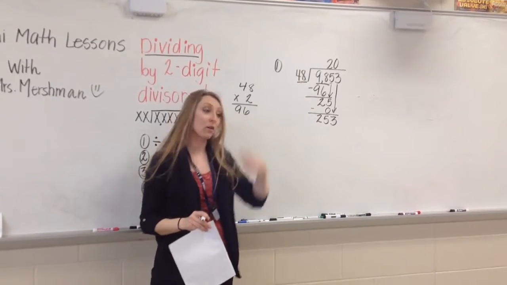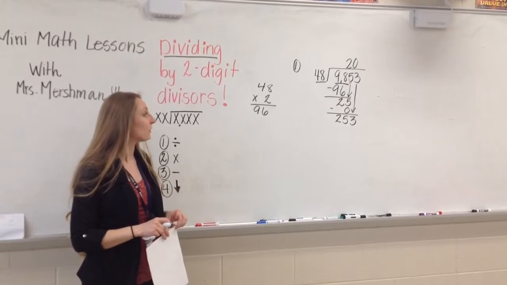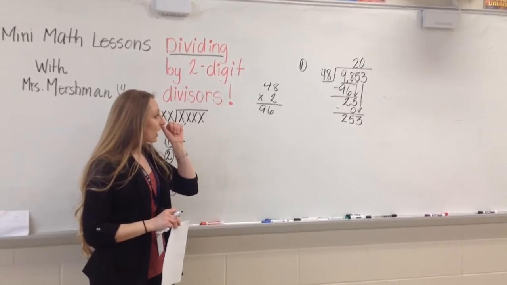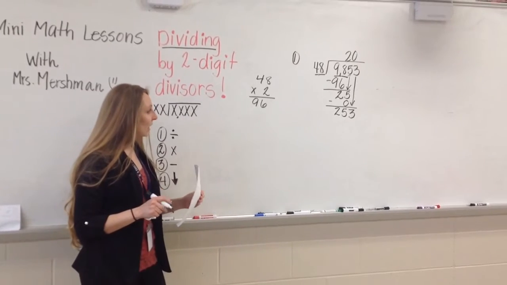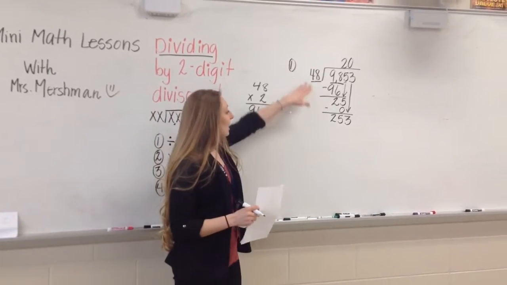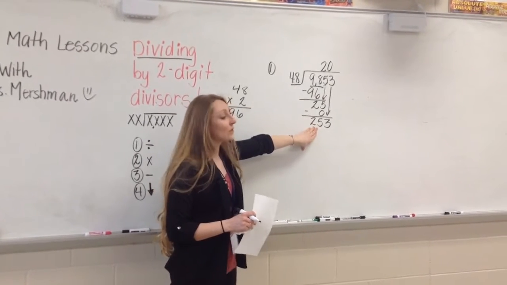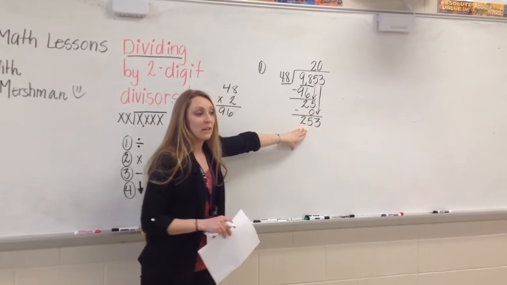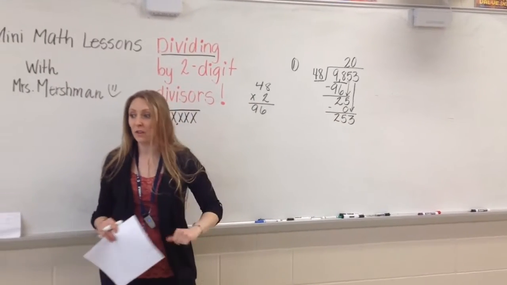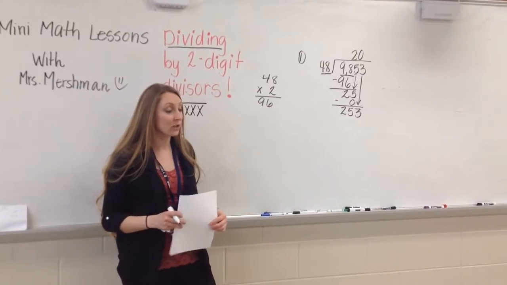So I ask myself, how many times does 48 go into 253? So what I would do is I would probably estimate again, and I would say, okay, I know that 48 is close to 50, and 253 is close to 250. So the easy math problem, or the estimate that I can do in my head, is how many times does 5 go into 25?